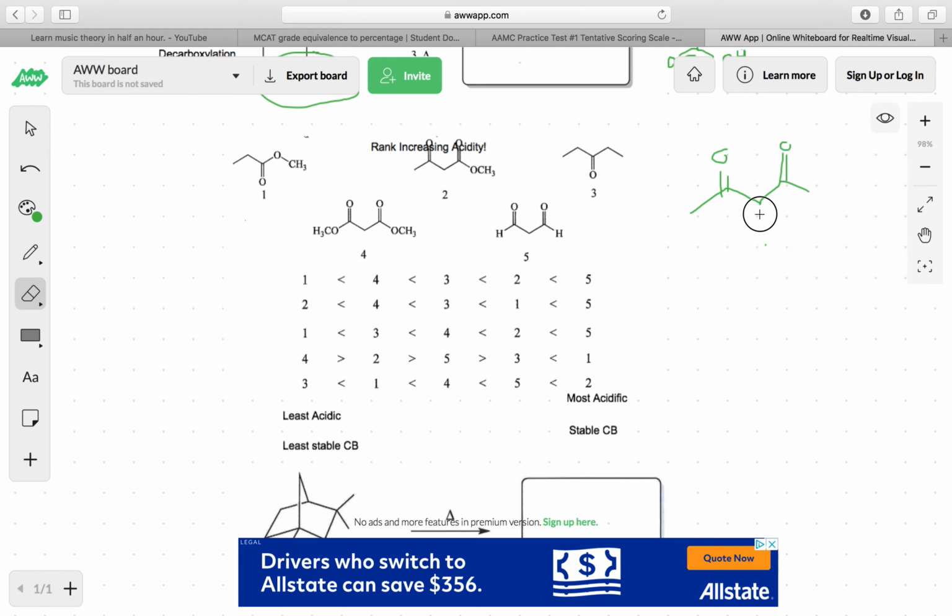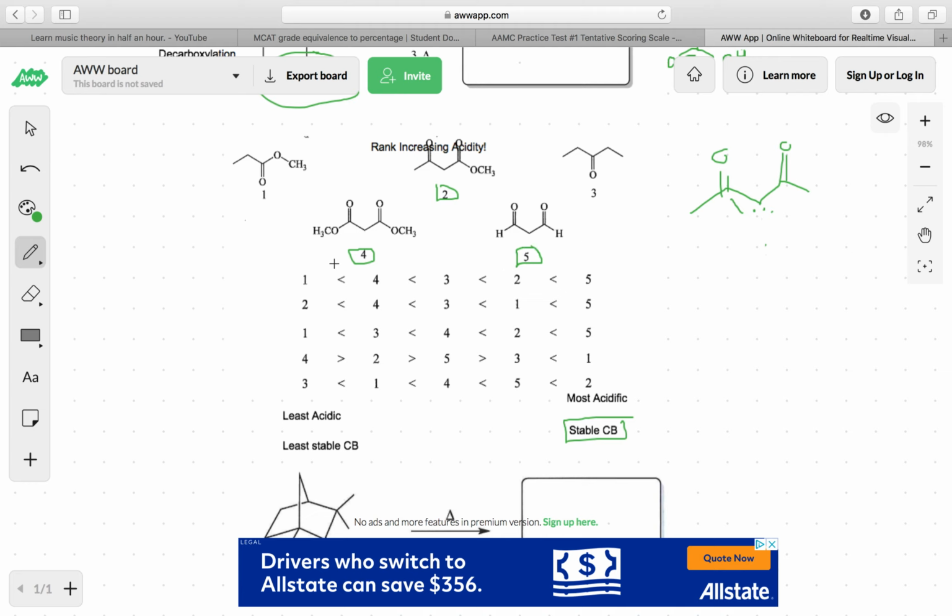So in this case, because it's on this middle carbon here, it can resonate to this carbonyl on the left and to this carbonyl on the right. So it's very stabilizing. Because of that, it stabilizes the conjugate base. So we want our beta dicarbonyls on the right. So we have numbers 2, 4, and 5 are our beta dicarbonyls. So you know those are immediately the most acidic because their conjugate base is resonance stabilized.